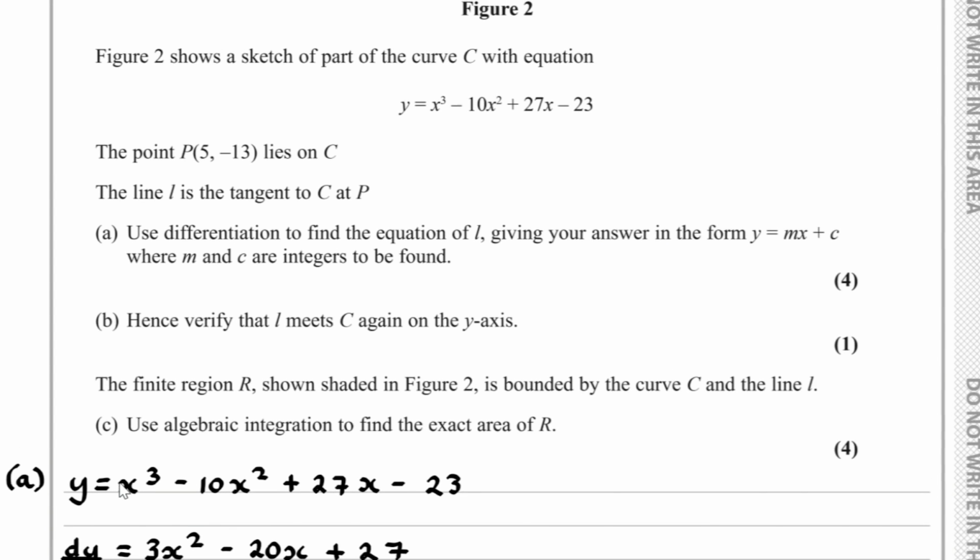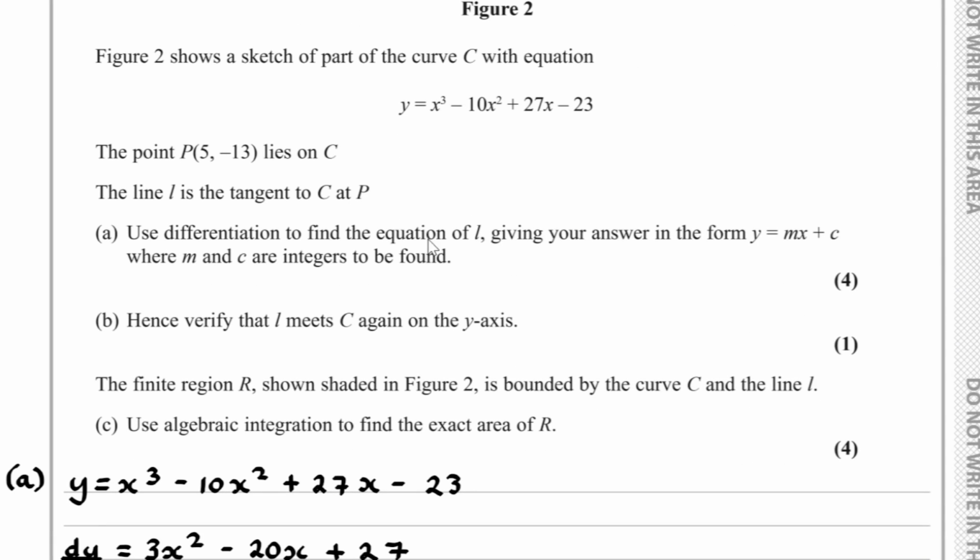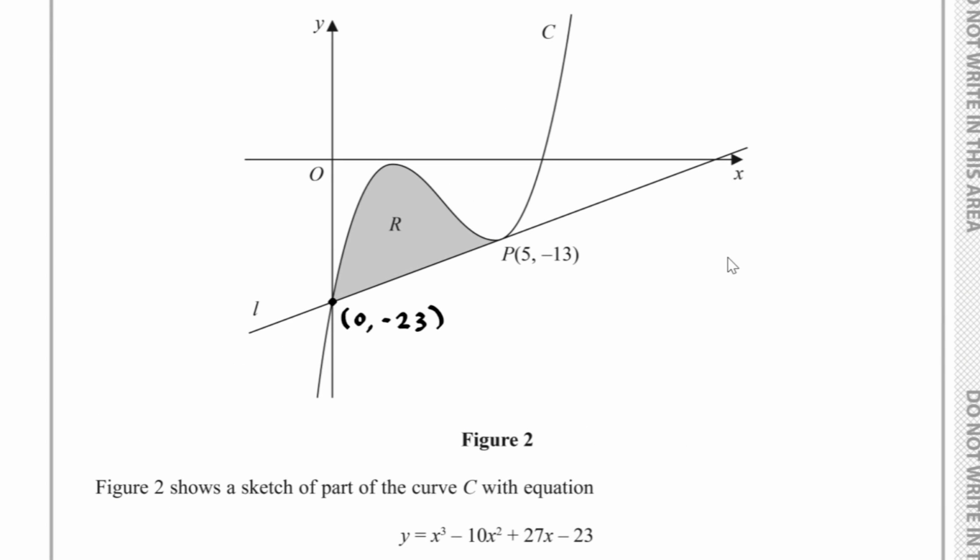Now for part C, the finite region R, shown shaded in figure 2, so that's this over here, is bounded by the curve C and the line L. We have to use algebraic integration to find the exact area of R. Well, to find out the area of R, hopefully you can recognize we have a trapezium.